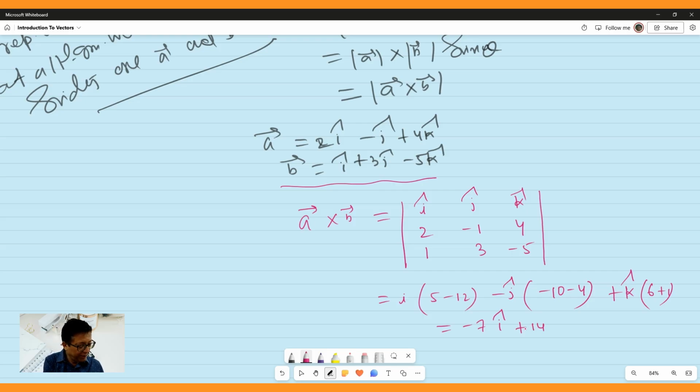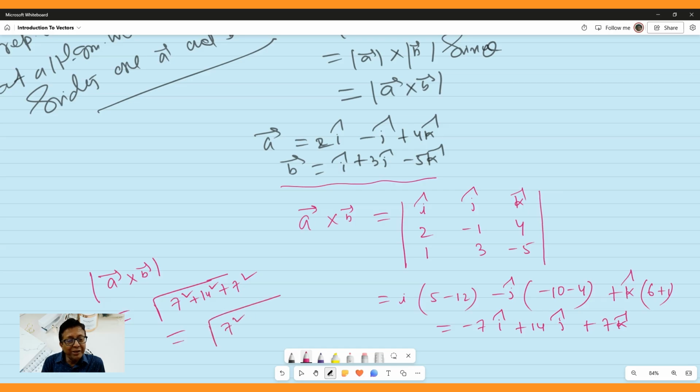plus 7k. Okay, so mod of A cross B will be what? Root over 7 square, 14 square plus 7 square.